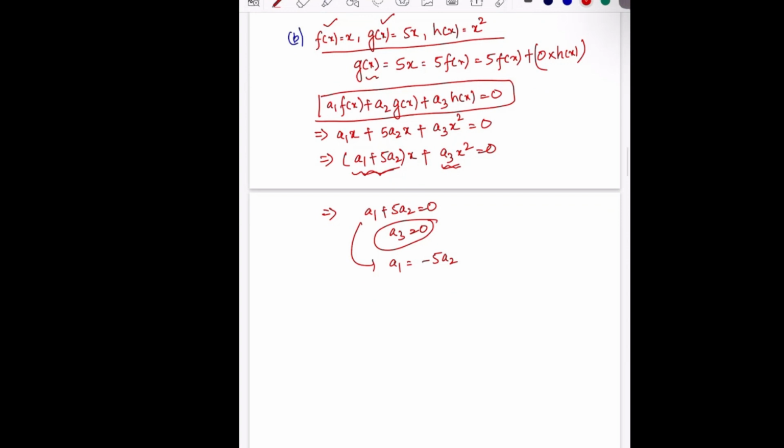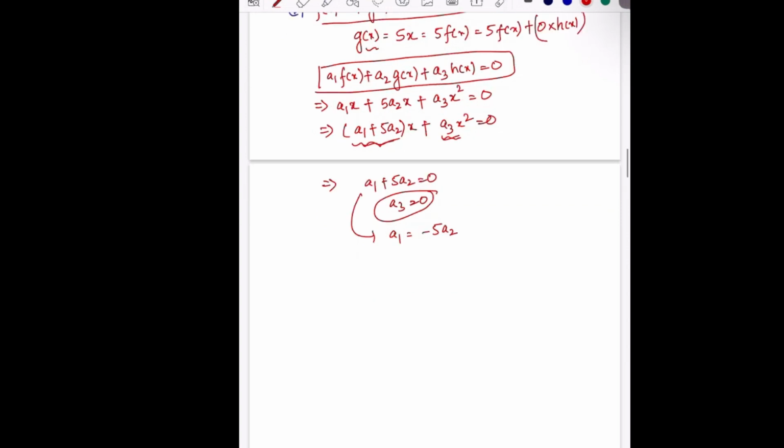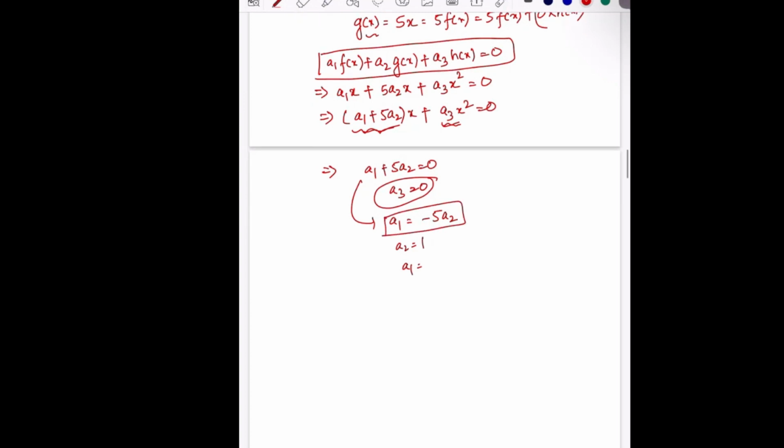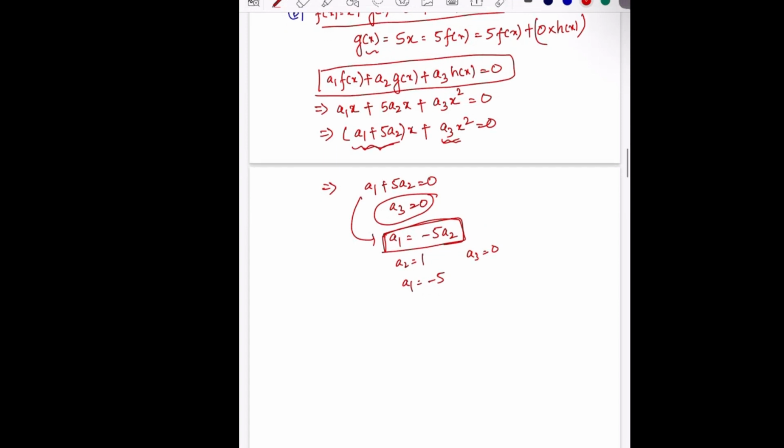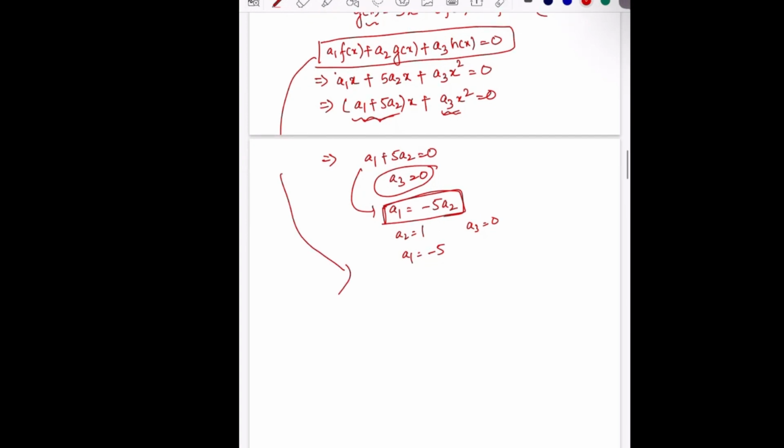You can check by taking one value of a2. Let's say a2 is 1 and a1 is determined by this relation. You can't take an arbitrary value, but use this equation. Then a1 will be -5 and a3 is 0. So if you put a2 equal to 1 in this equation, a2 is 1 and a1 is -5.